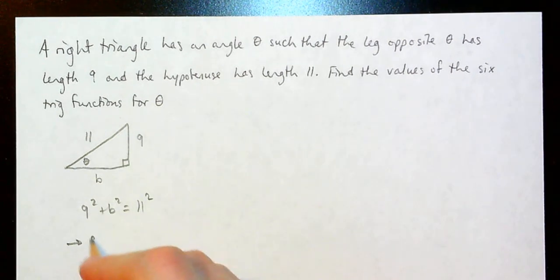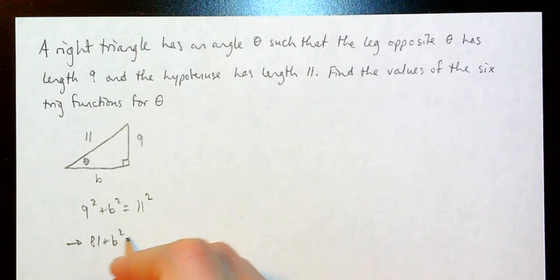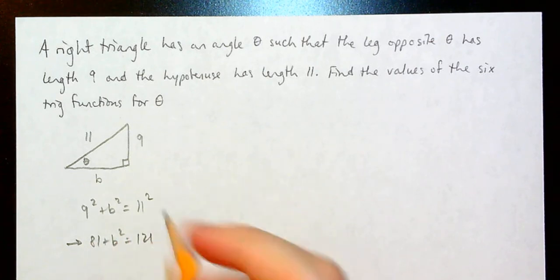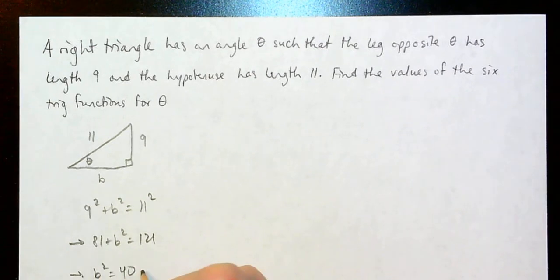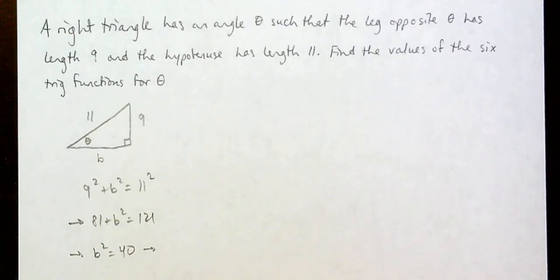9 squared is 81. 11 squared is 121. Subtract over. That tells us that b squared is equal to 40. And that means b is equal to the square root of 40.